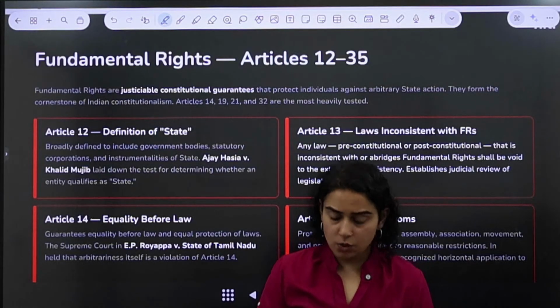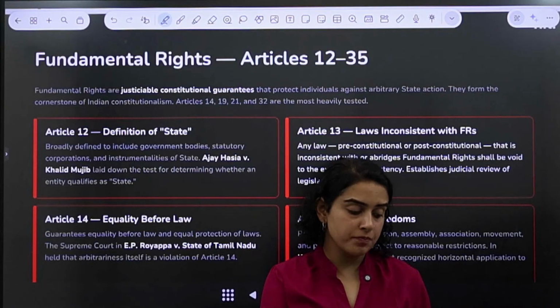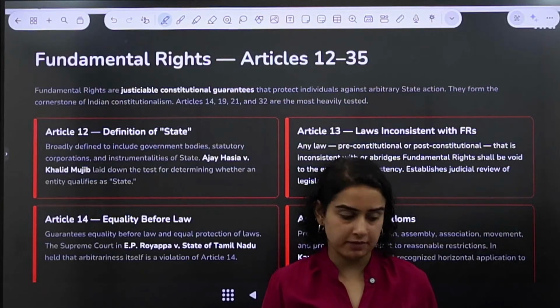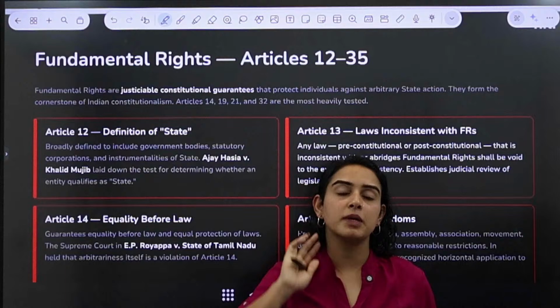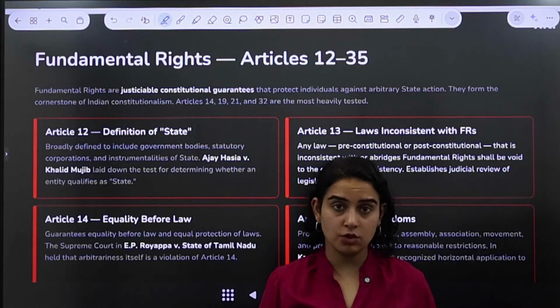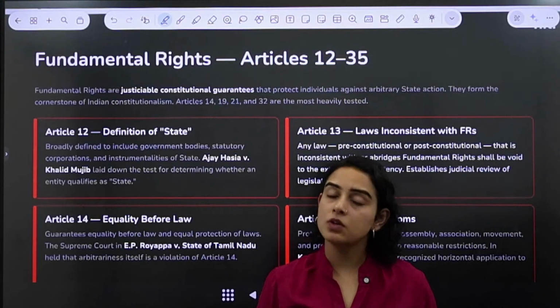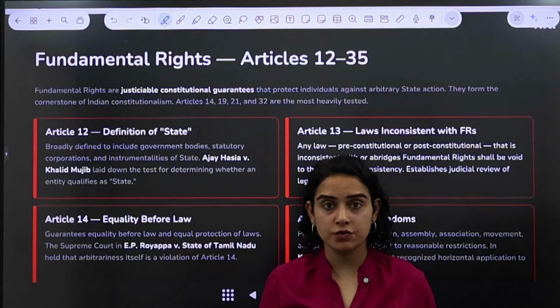Fundamental rights are in Part 3, from Article 12 to Article 35. All these articles provide us some very different meanings and different types of rights. In total, every citizen of the country has 6 fundamental rights, and this has been discussed in detail in Part 3 of the Constitution.